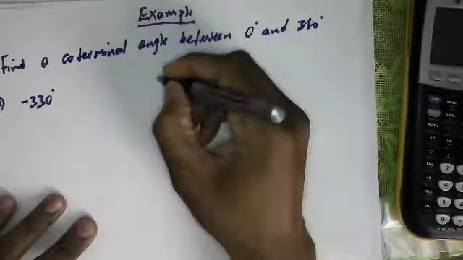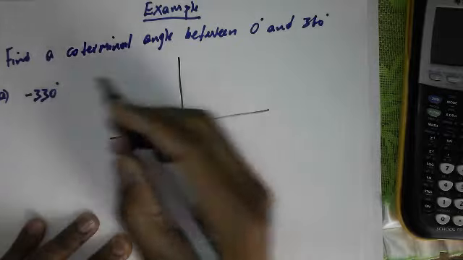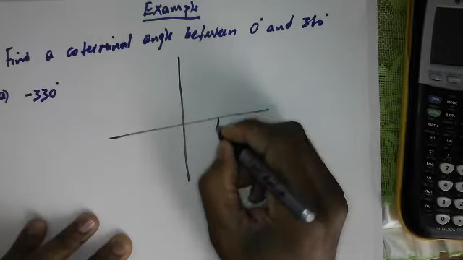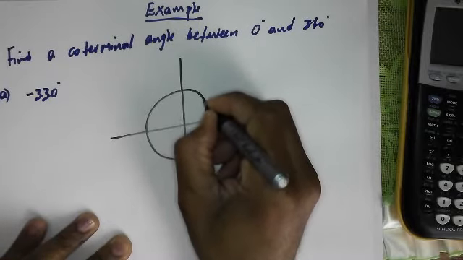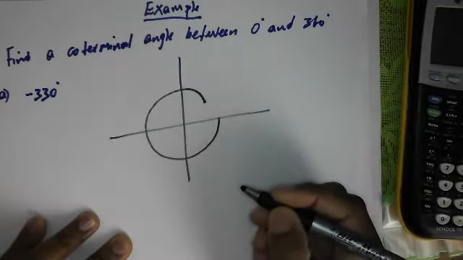Now, because it is negative, you're going in the clockwise direction. If I start from here and come all the way back here, that will be negative 360. But this says negative 330. So if I start here and come all the way, I know that this is about negative 330.